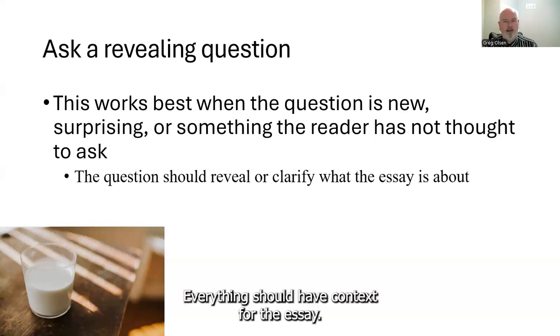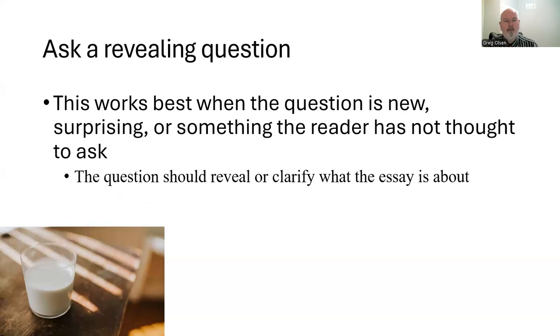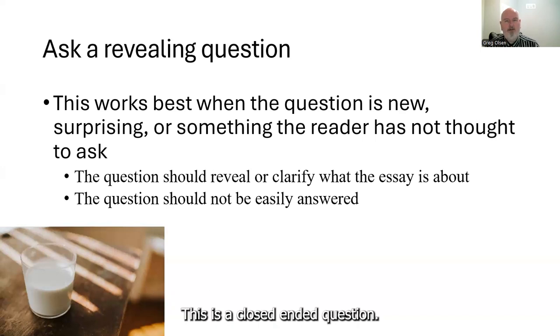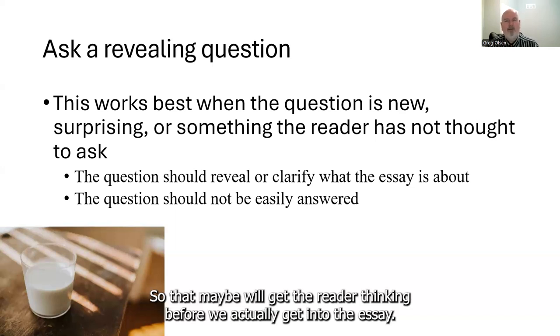Everything should have context for the essay. The question shouldn't be something easily answered. For example, I might ask, what is a bug? I believe an insect has 6 legs. What a bug is, I'm not quite sure. So that maybe will get the reader thinking before we actually get into the essay.